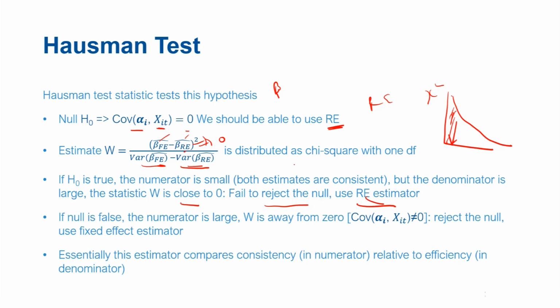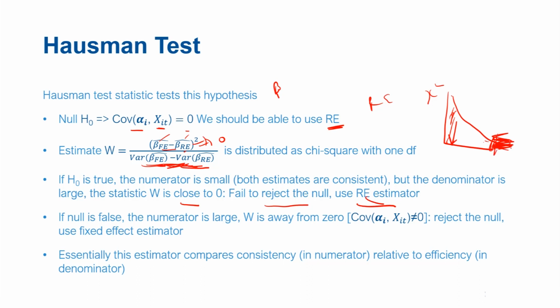However, we reject the null in the case where both the estimators are not consistent and therefore there is a substantial difference between them, and the difference is so large that not only is it much larger than the difference in their variances, it is so large that we are in the rejection region.